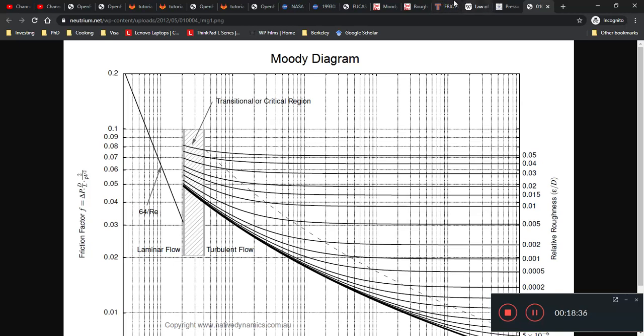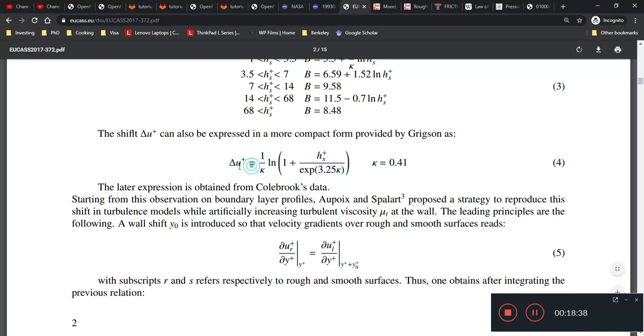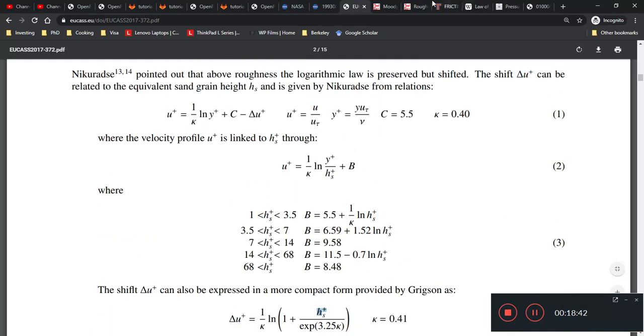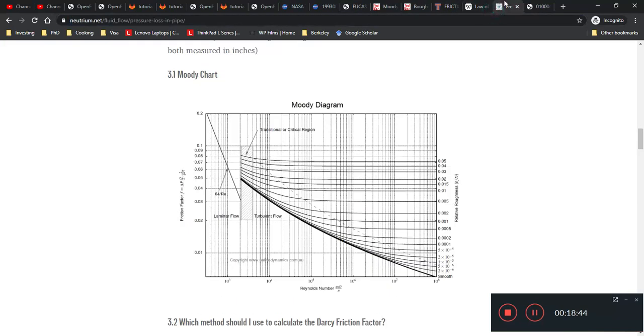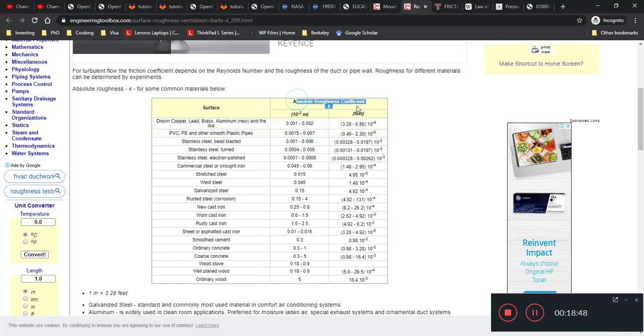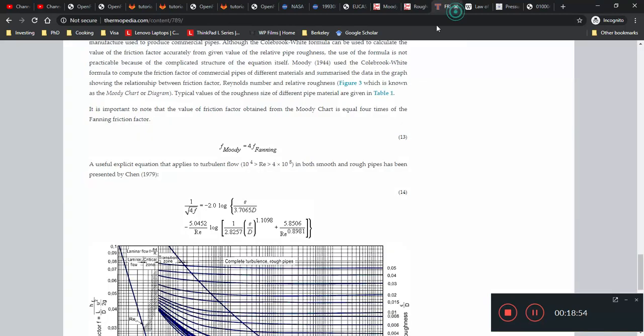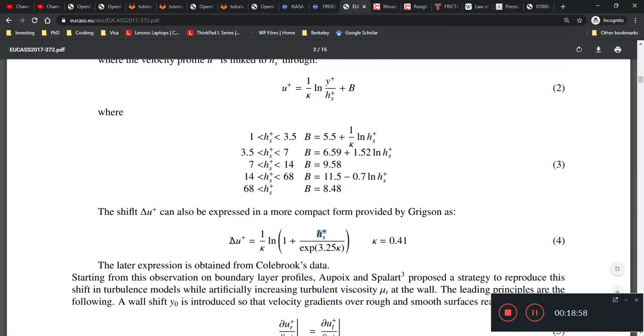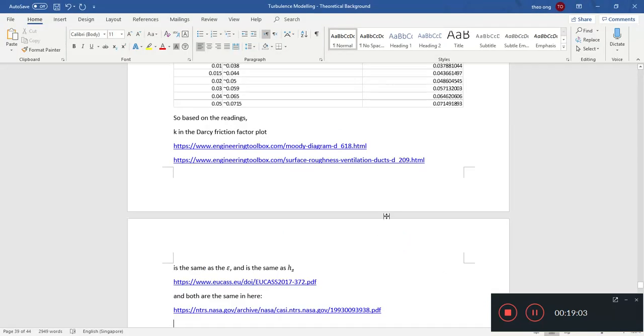Okay, so basically, when we have this expression here, HS plus, we can just use this roughness coefficient here, just the same as what you use for your Moody diagram. Plug and play into this equation here. Delta U plus equals, okay, maybe let me type that out.